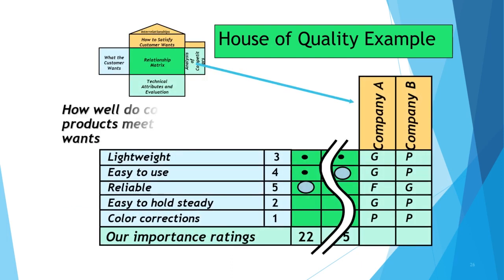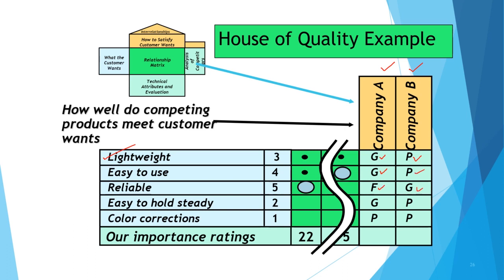Then comes the analysis of the competitors. That means we are comparing company A and company B with our specification or customer specification, lightweight. It gives good, then poor, good, poor, fair and good, good and poor, poor and poor.